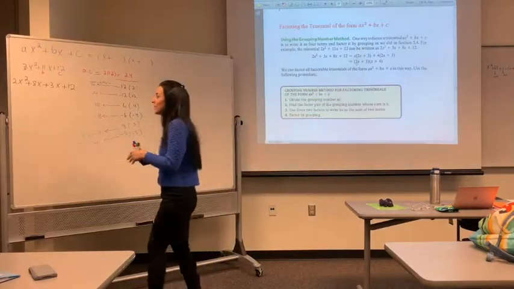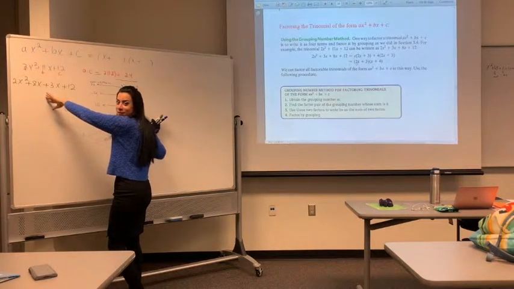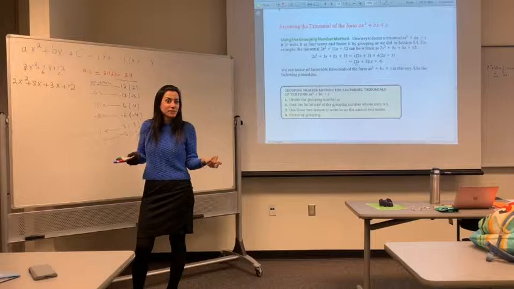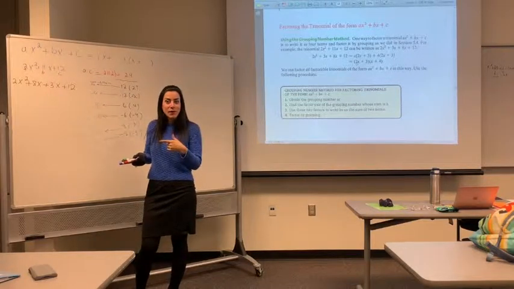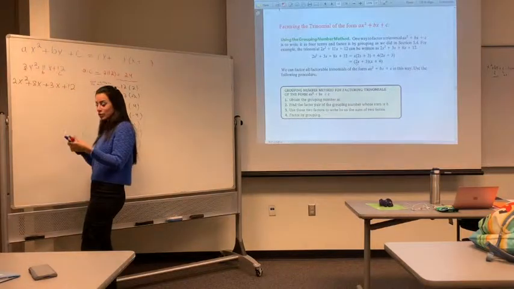So now, if I give you something like this, can you use grouping to factor this? Yeah. You already learned that, right? So now, let's say this is a group, this is a group. Use grouping.